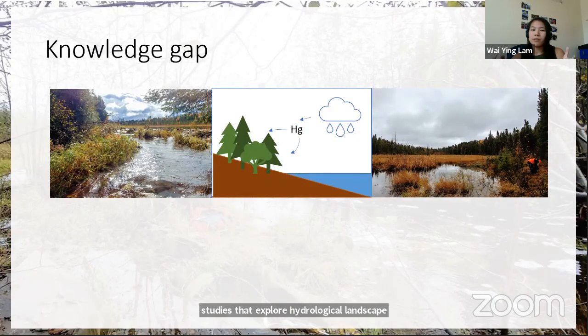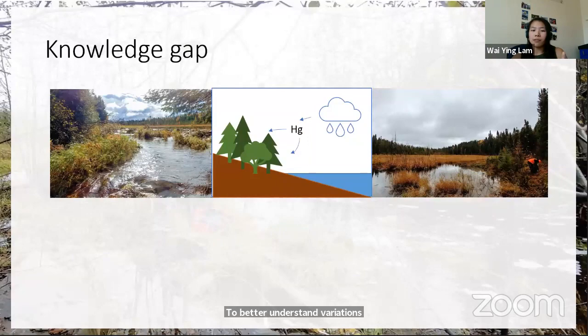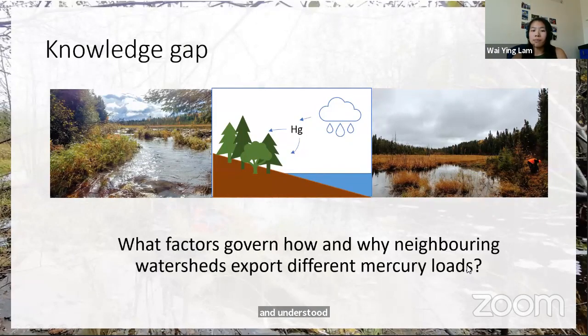So to better understand variations in mercury in undisturbed boreal forest catchments, we examined 14 first and second order streams and explored the relationships between mercury and landscape and hydrological variables to try and pick out possible factors governing how and why neighboring watersheds export different mercury loads.